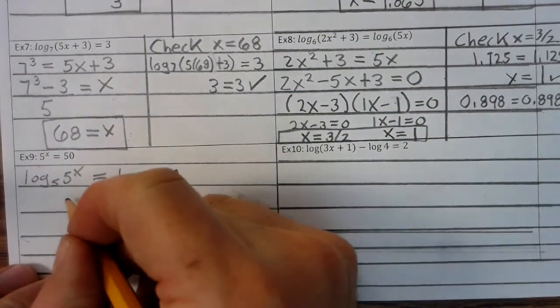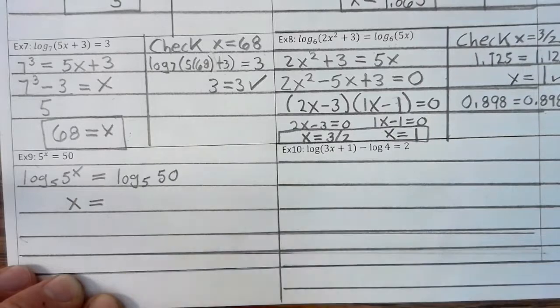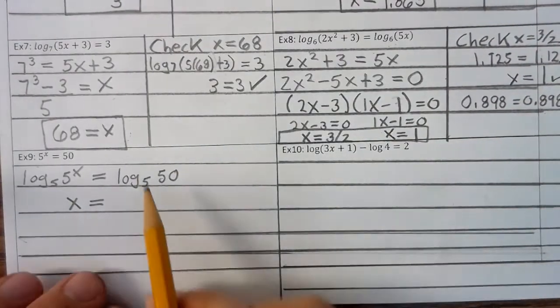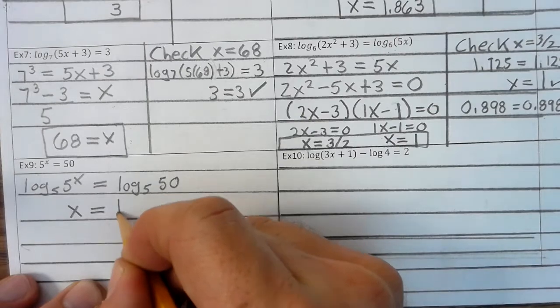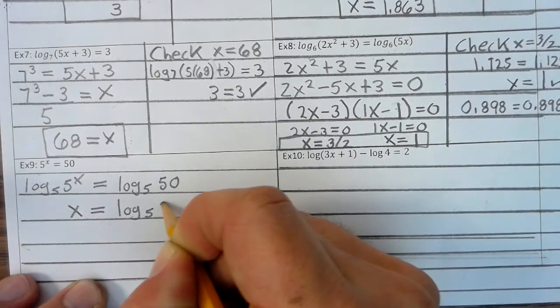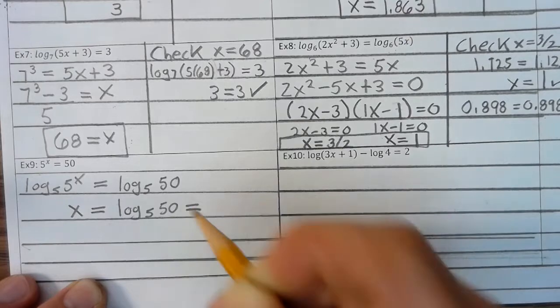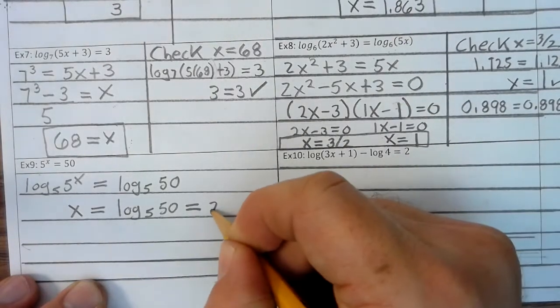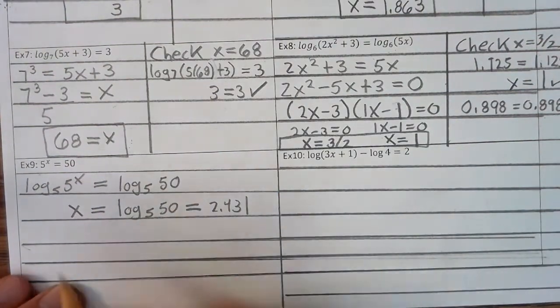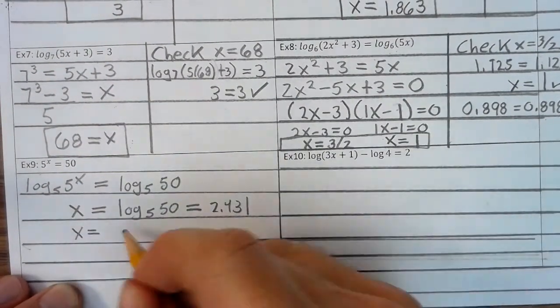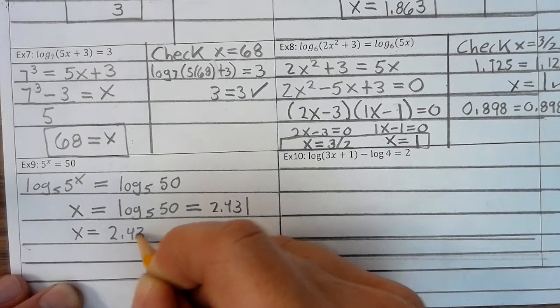So then this becomes the power of 1, so x equals the log base 5 of 50, which equals 2.431. So x equals 2.431.